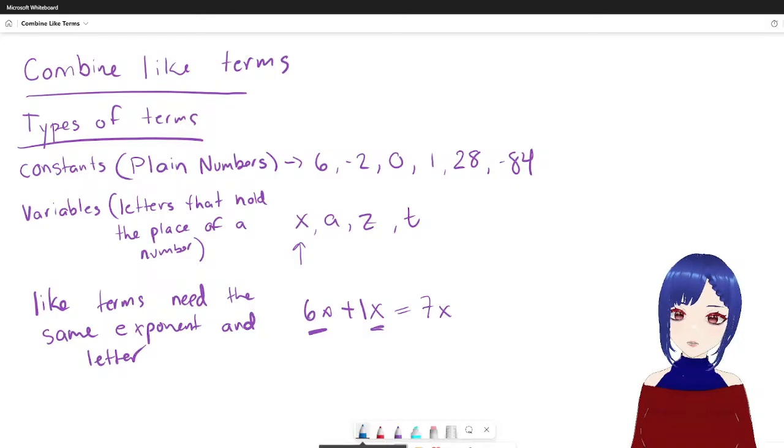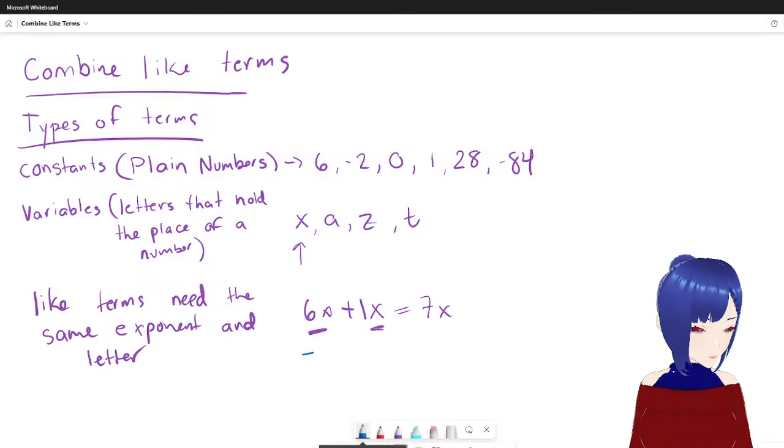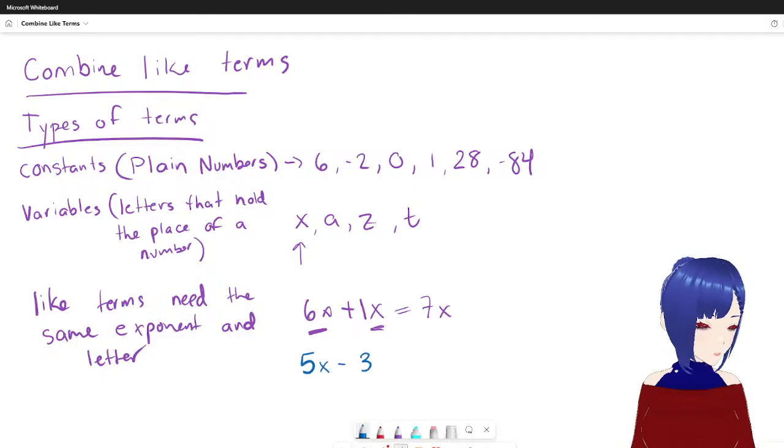So next thing to talk about with this, the next one here would be, we'll use 5x minus 3x squared.